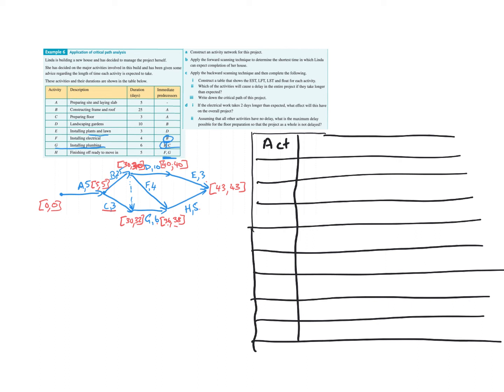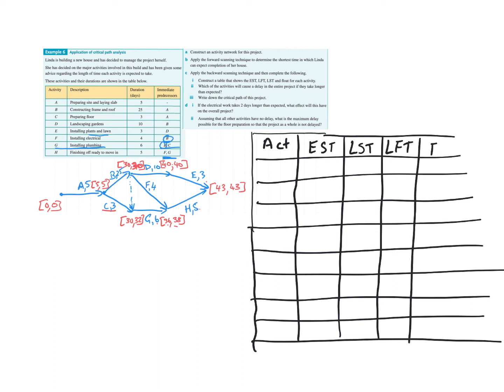So we have our earliest starting times. We have our latest starting times. We have our latest finishing times. And we have our float times. And we should actually have in there as well our activity times. So I will erase that now.